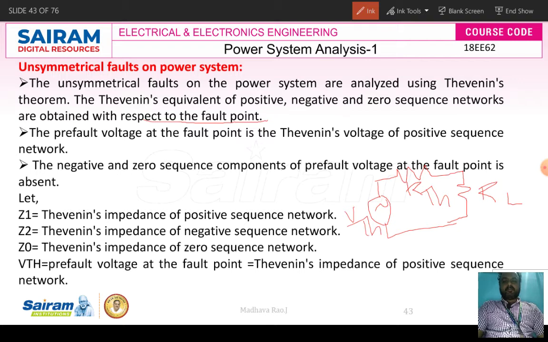So here, according to the Thevenin's theorem method, the fault voltage is equal to the Thevenin's voltage of positive sequence network, and negative and zero sequence components of pre-fault voltage at the fault point are absent.